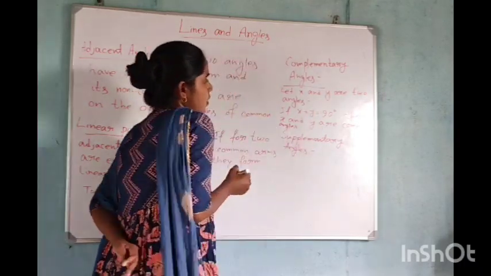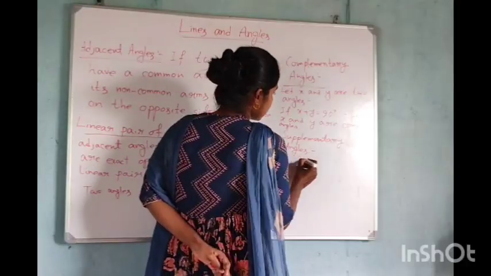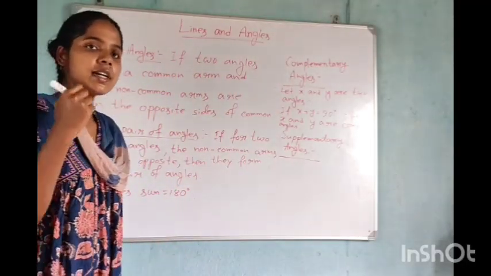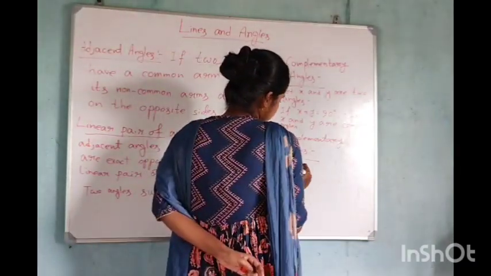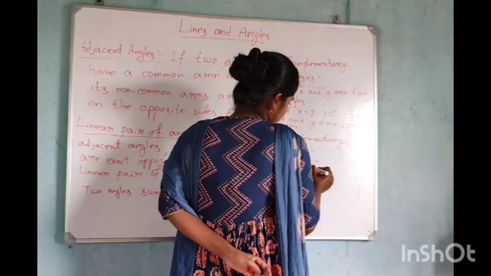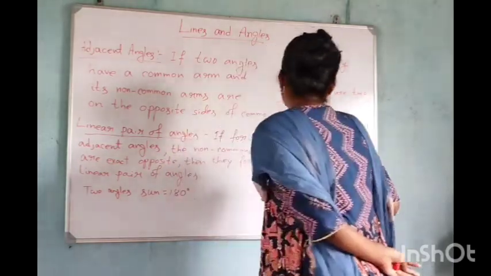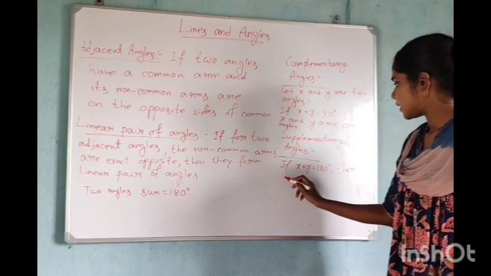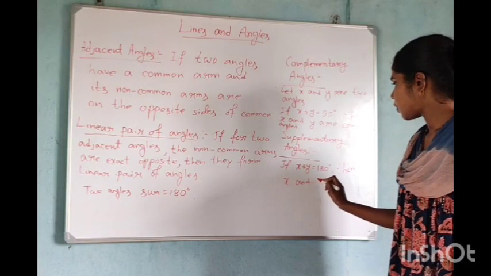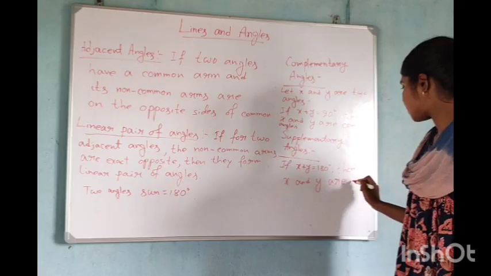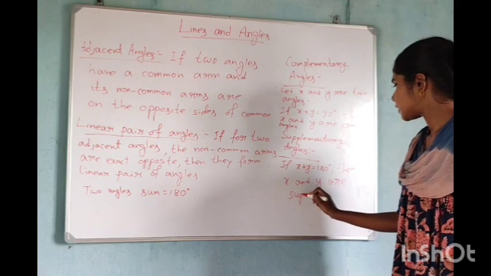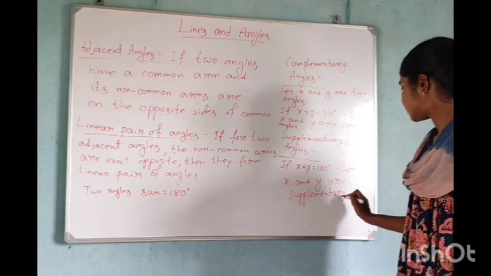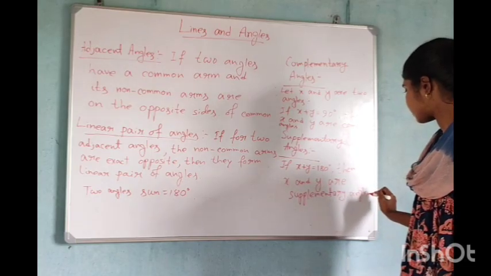For supplementary angles, if x plus y is 180 degrees, then x and y are supplementary angles.